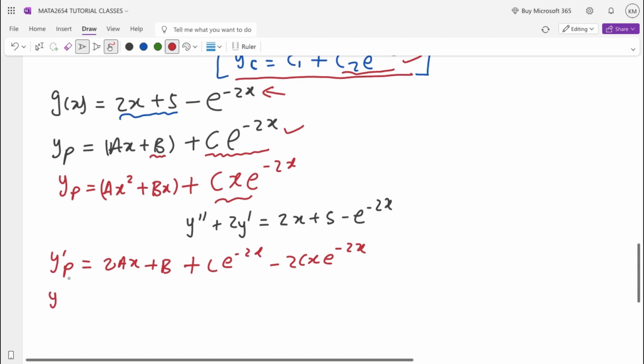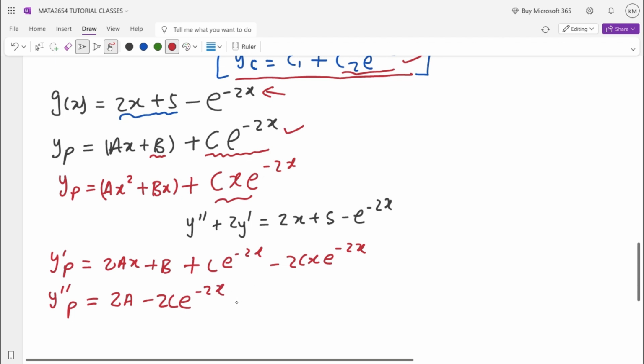So for the second derivative, since on our differential equation the highest order is 2, we have to derive twice. Then the second derivative of y of p is going to be 2a; the derivative of a constant is just 0, so that will go away. Then we're going to have minus 2c e to the minus 2x.